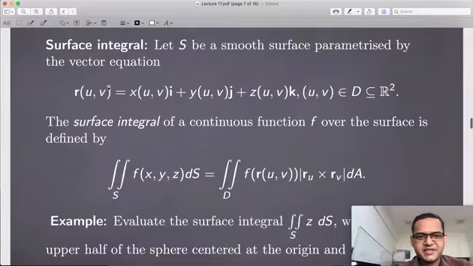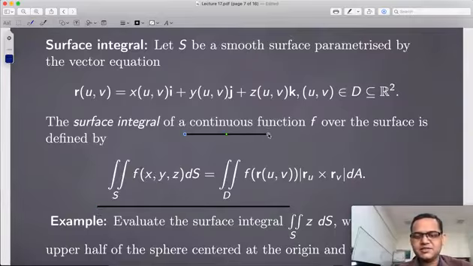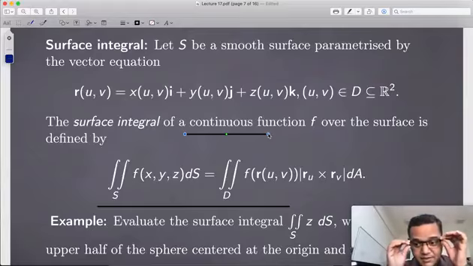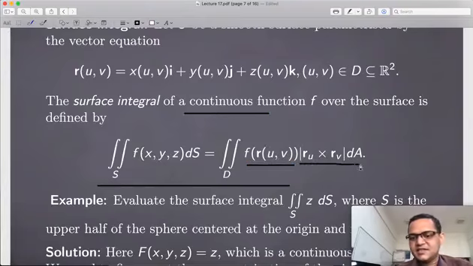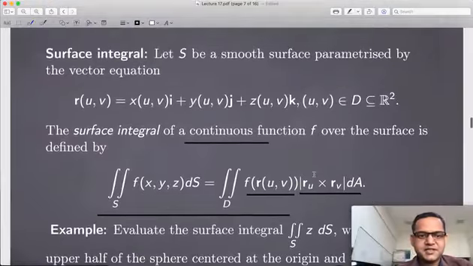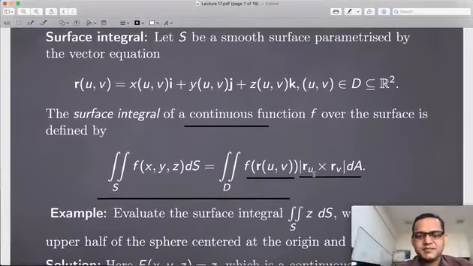This is very straightforward: for the surface integral of a function, assume that the function is continuous, because otherwise the integral may not make sense. We put some minimal assumptions here, and you evaluate your function on the surface, times the surface area component, isn't it? The idea is precisely the same.